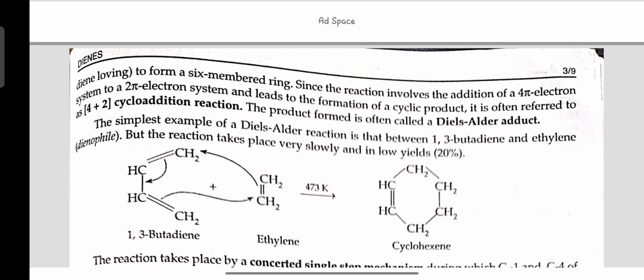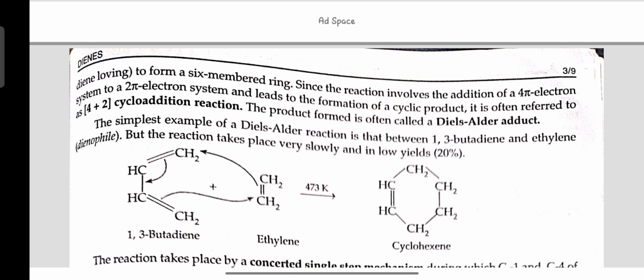Since the reaction involves the addition of a 4 pi electron system to a 2 pi electron system and leads to the formation of a cyclic product, it is often referred to as 4 plus 2 cycloaddition reaction. The product formed is often called a Diels-Alder adduct.